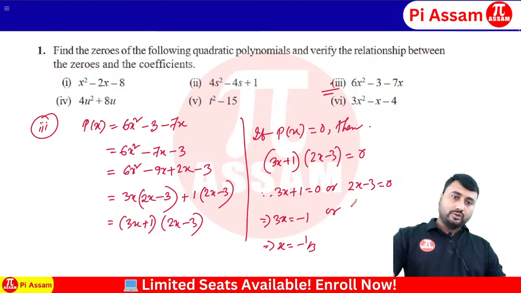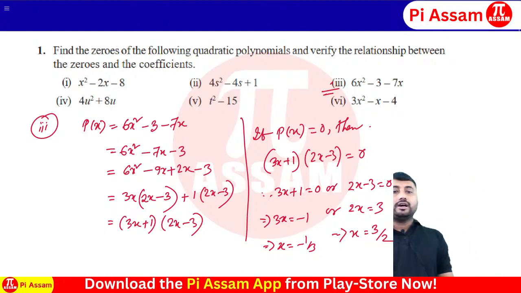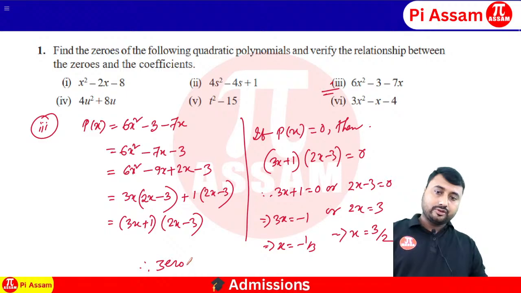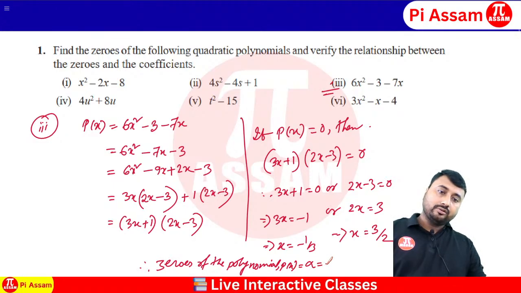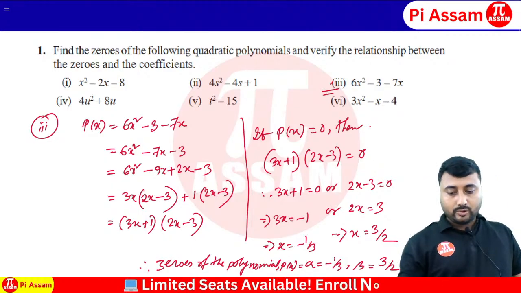And here also 2x equal to 3, so this implies x equal to 3 by 2. So therefore zeros of the polynomial p(x) are alpha equal to minus 1 by 3 and beta equal to 3 by 2. These are the zeros of this polynomial. Okay.